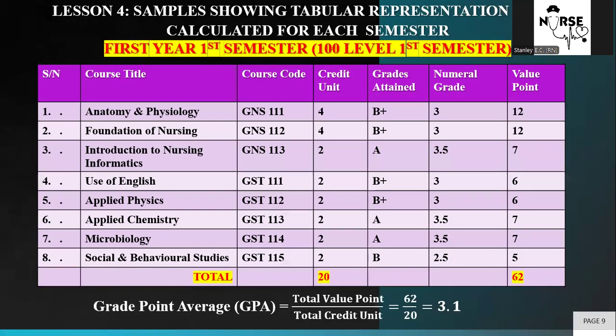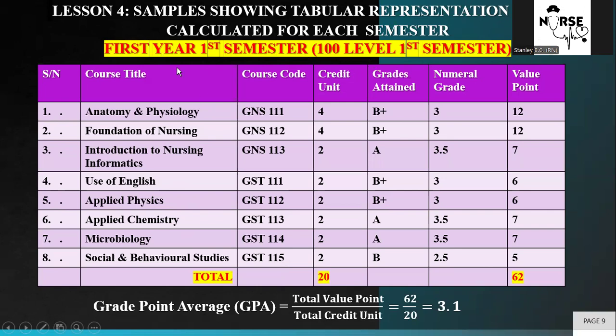Let's take an example. Lesson 4, sample showing tabular representation of GPA calculated for each semester. So for this semester, we want to know what the GPA is like. First year, first semester, 100 level first semester.